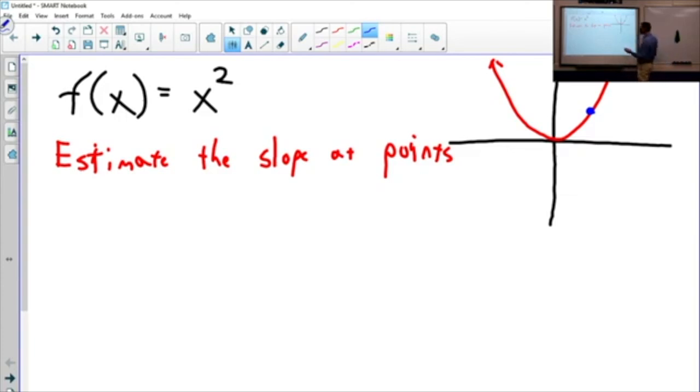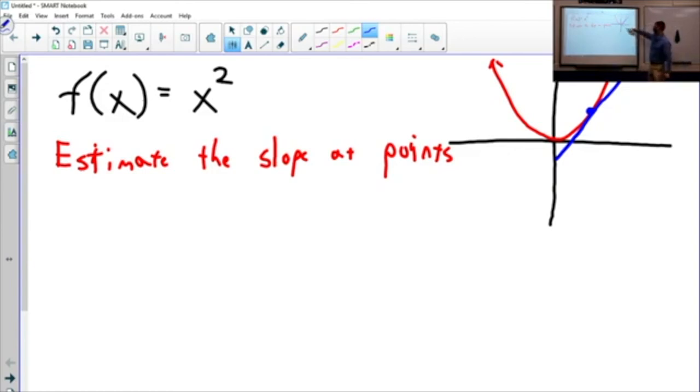And so ideally, what we want to use here is the slope at this point. That means, hypothetically, we could have a line coming off of here that crosses through the function at this point, and then goes straight through it.